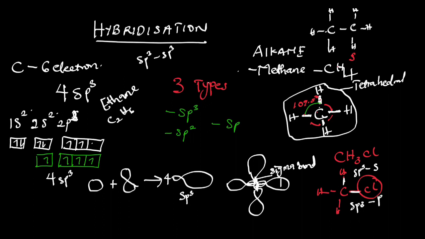Okay, so this and this you should know by now is sp3 and s. But between this one and this, what kind of bond is there? It's actually sp3 and sp3. So this sp3 can bond with sp3. It can also bond with s. It can also bond with p, I mean to say. So please take note of that.